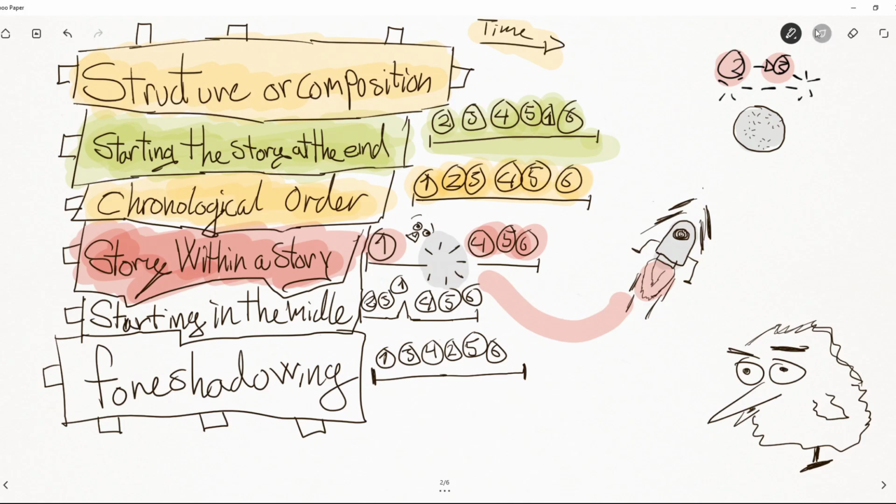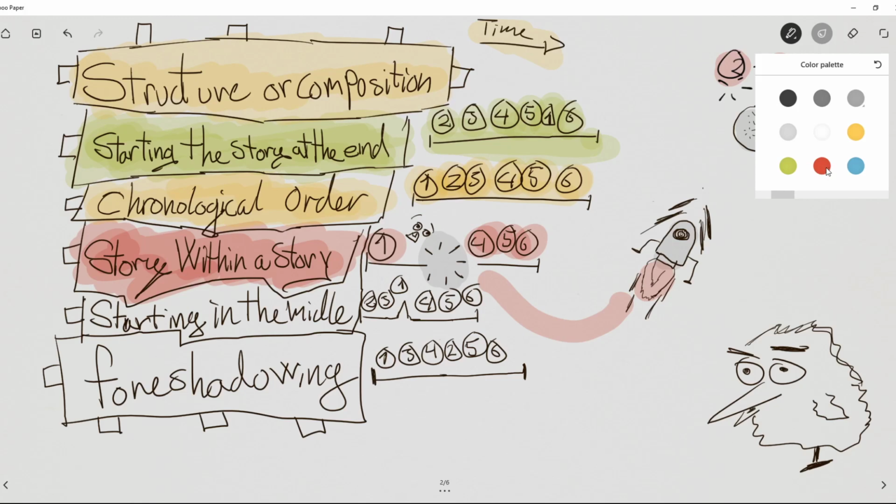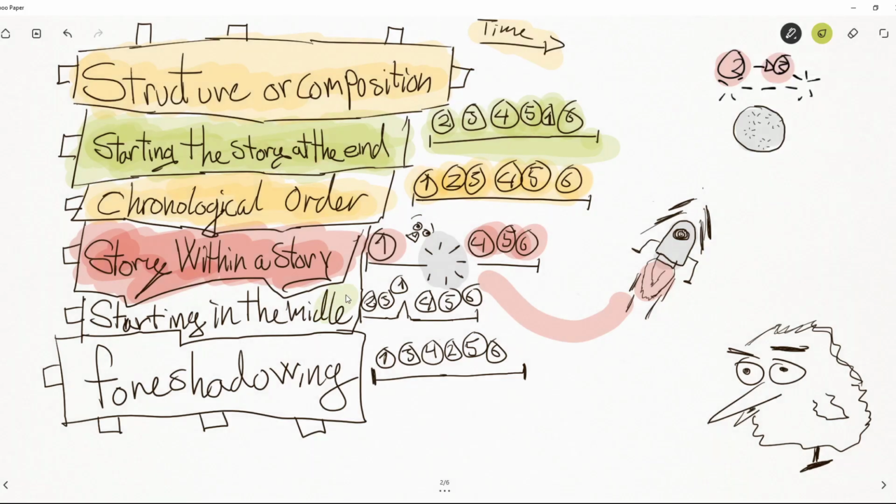Okay, so onwards to the next one, and that is this one, starting in the middle. This is similar to the second one that we already looked at, but this one is kind of different.